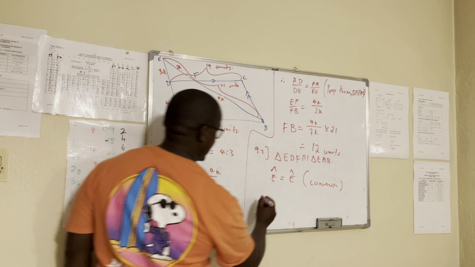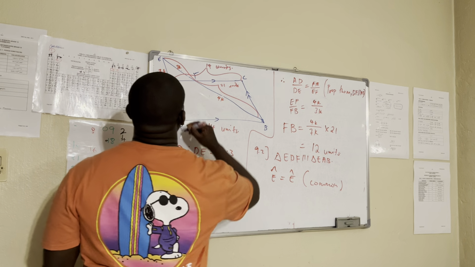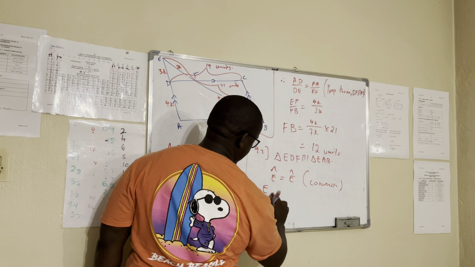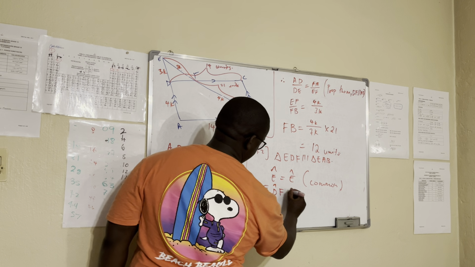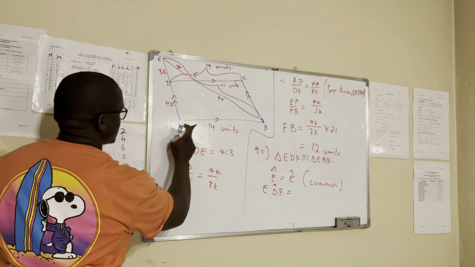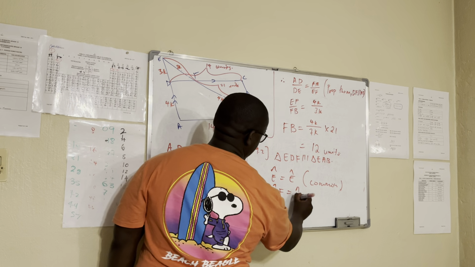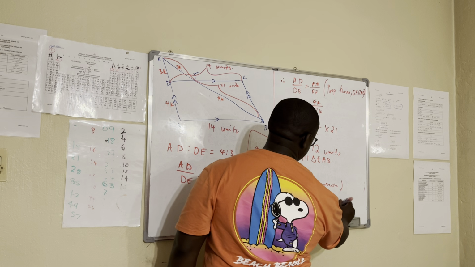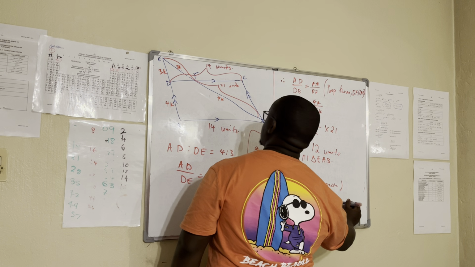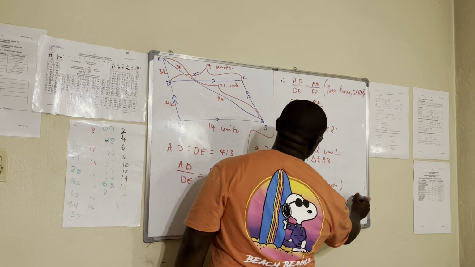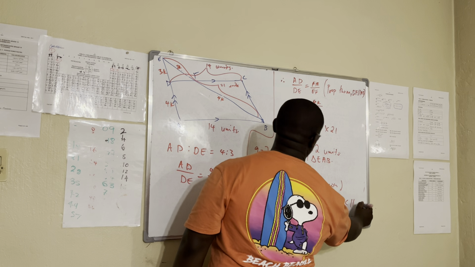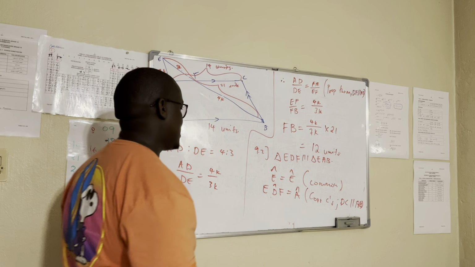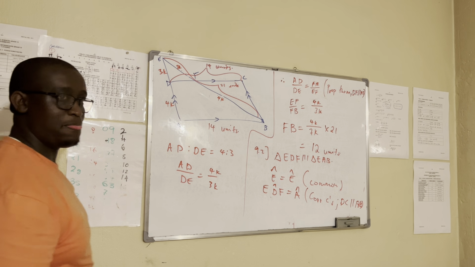Another one: angle EDF is equal to angle A. The reason is corresponding angles, because DC or DF is parallel to AB. It doesn't matter if we say DC or DF.